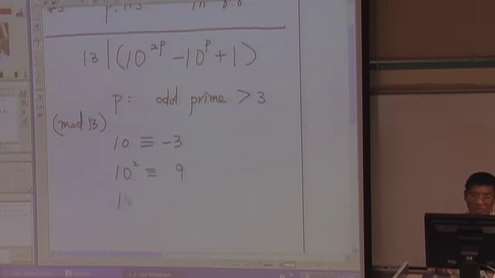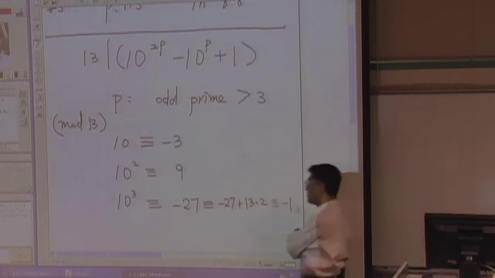And then 10 cubed is congruent to negative 27, or negative 27 plus 13 times 2, where 13 is the modulus, so negative 1, right? Do you follow me or not?